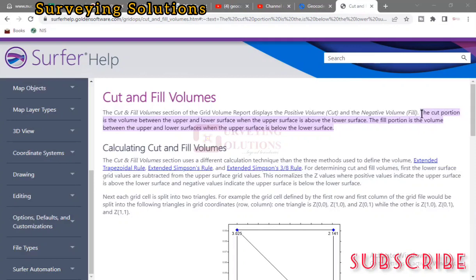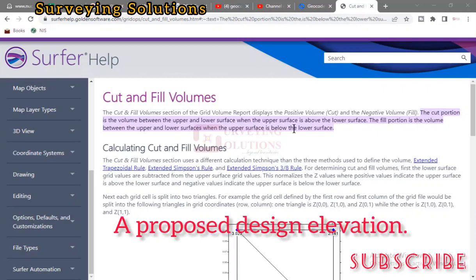That's what this part of the explanation means. The cut portion is the volume between the upper and lower surface when the upper surface is above the lower surface. However, the fill portion is the volume between the upper and lower surfaces when the upper surface is below the lower surface. We've told you that your upper surface can be the complete topography, whereas your lower surface can be an elevation you want to use by design.